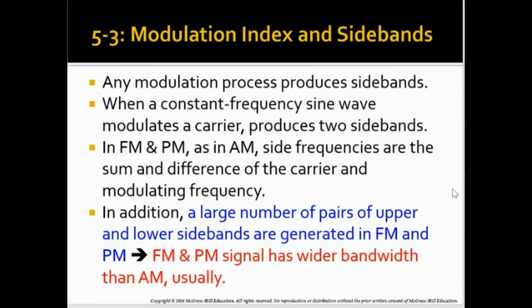But in FM and PM, we have more than that. That's why FM and PM have wider bandwidth compared to amplitude modulation. That is usually the case, but of course it's possible to filter those out and make them similar to an AM spectrum as well.